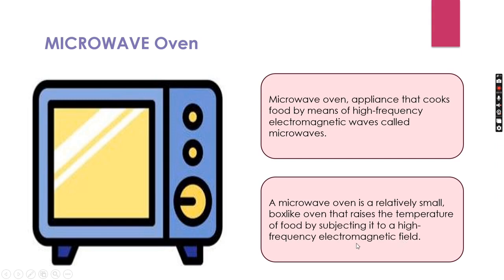In a microwave oven, we use an electromagnetic field which is converted into heat energy. A large amount of heat, or a temperature raised, in a box-like structure which is used for cooking purposes.